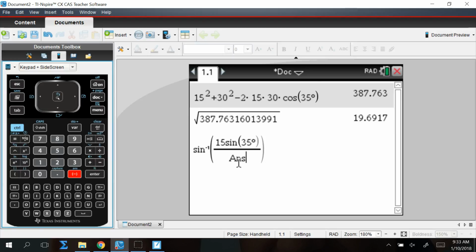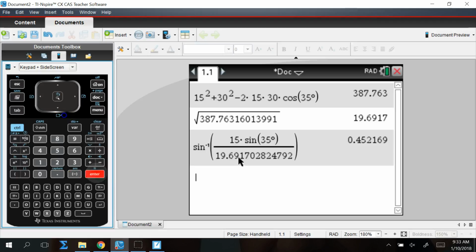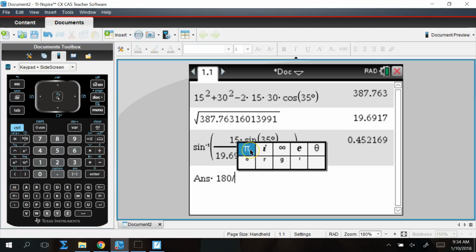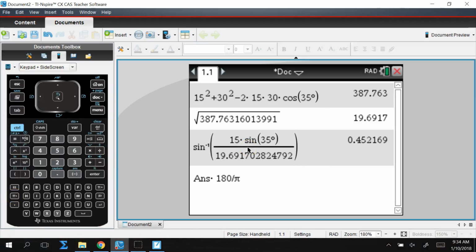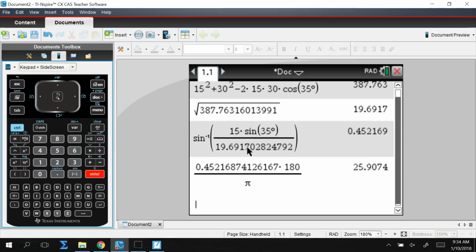Divided by that 19.6917 number. And because I'm in radians, I have to convert, times 180 divided by pi, which is going to give me 25.9074 degrees.